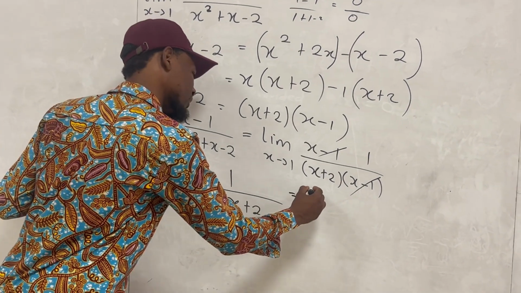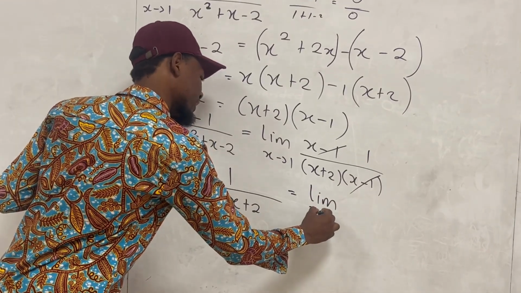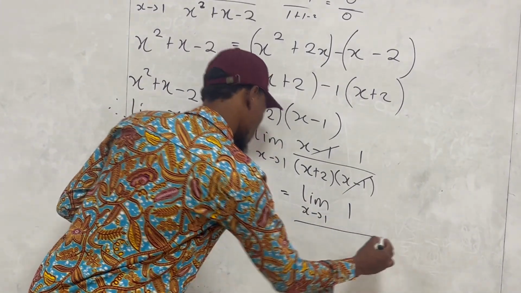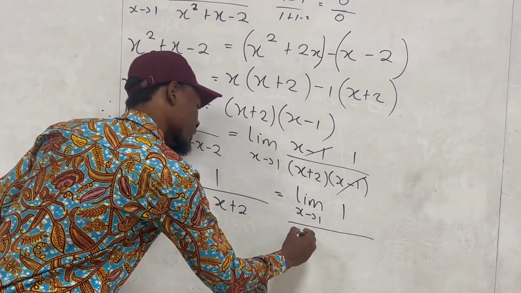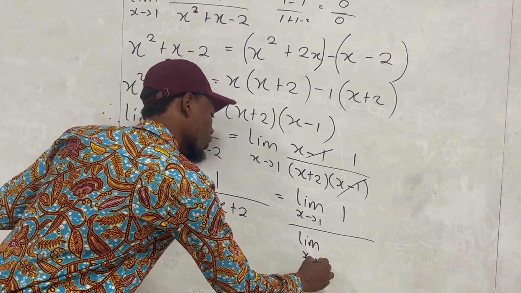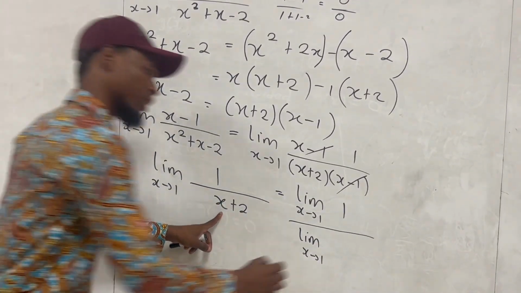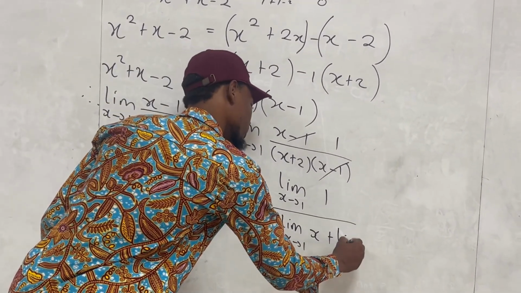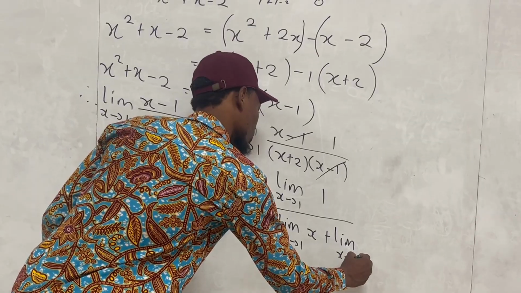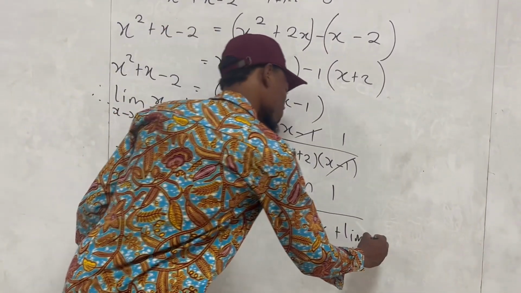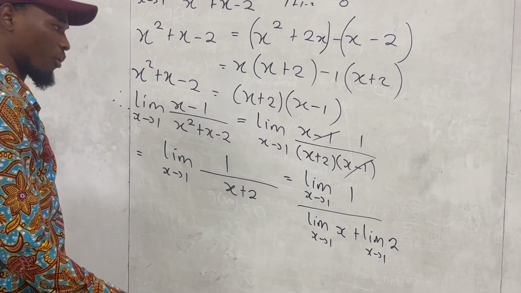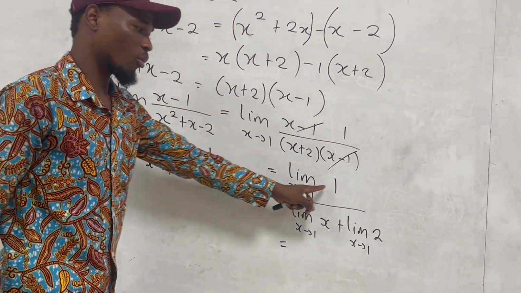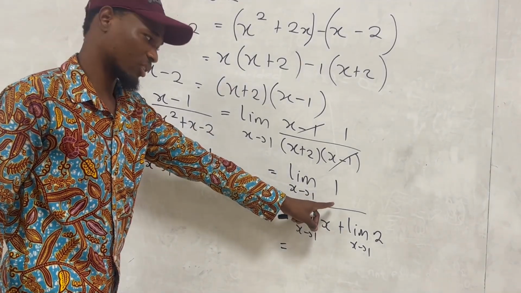So this is the same as the limit as x approaches 1 of 1, all over the limit as x approaches 1 of x, plus the limit as x approaches 1 of 2. The limit of a constant 1 is the same as the constant 1, okay?